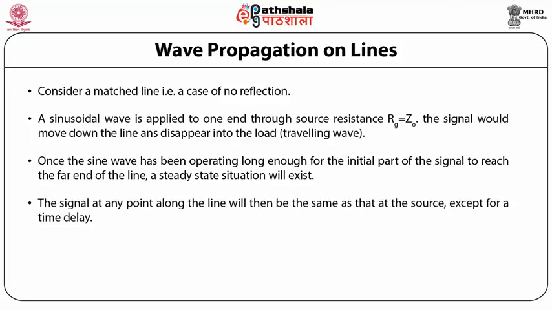So the signal at any point along the line will then be the same as that at the source, except for a time delay. This time delay is the phase shift for a sine wave.